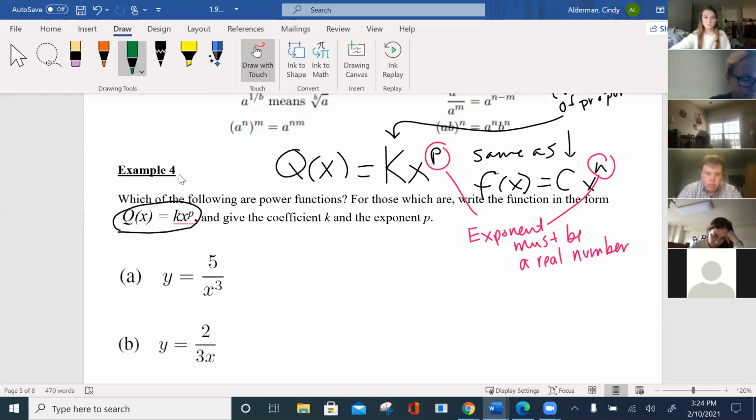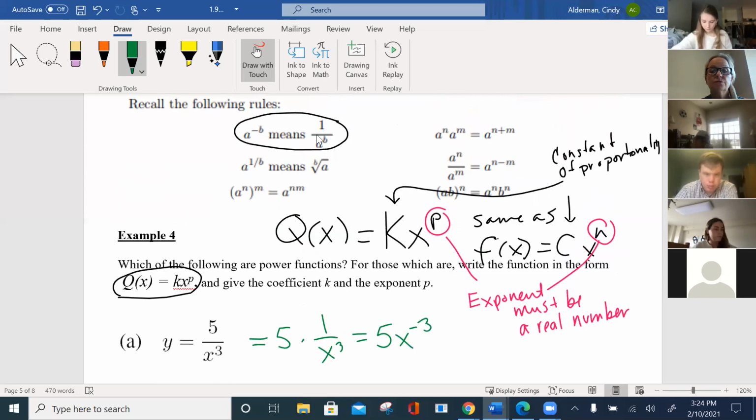Because this, you can rewrite it as 5 times 1 over x cubed, which then can be written as 5x to the negative 3 power, right? Since 1 over x to the positive 3 power is equal to x to the negative 3 power. And again, I'm just using this rule sort of in reverse.